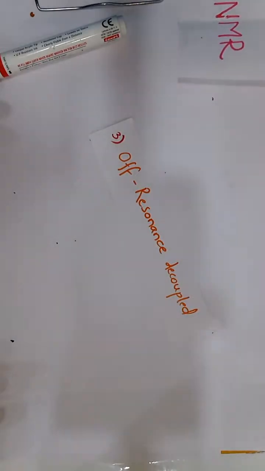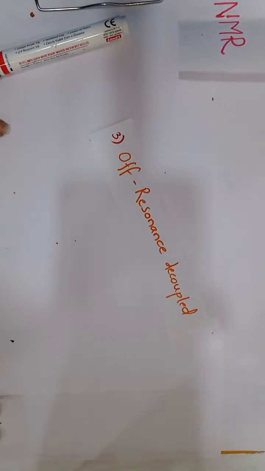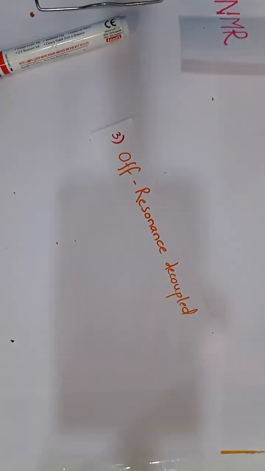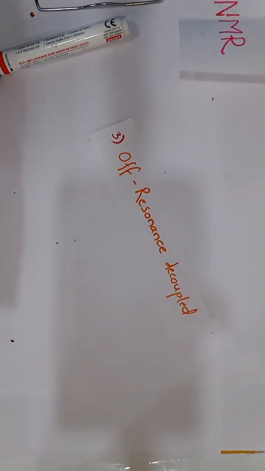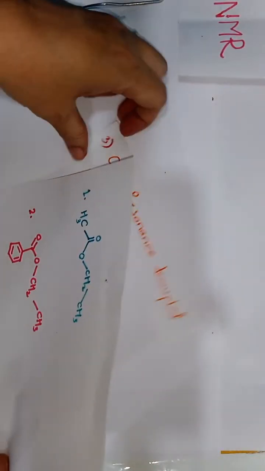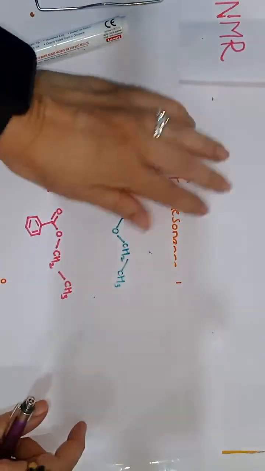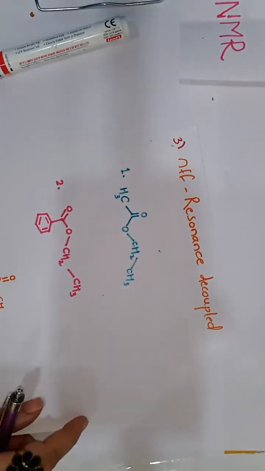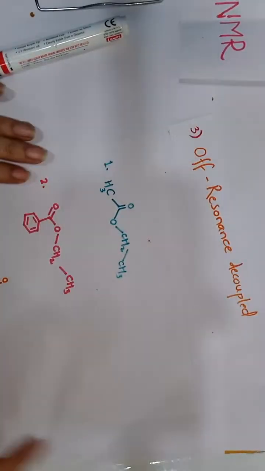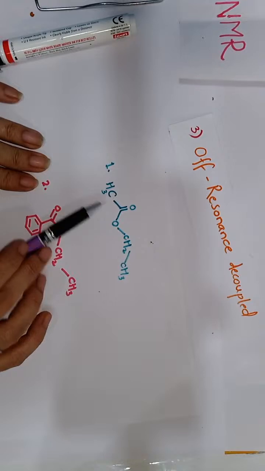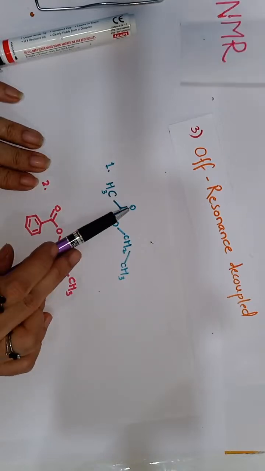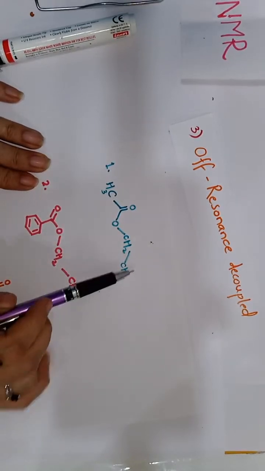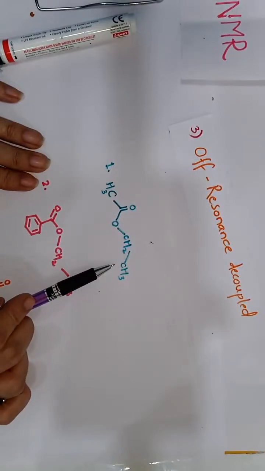Now, to make it easier, let us solve this with some examples. Off resonance decoupled spectra. CH3, COO, CH2, CH3. First of all, let us write down the name of this compound.